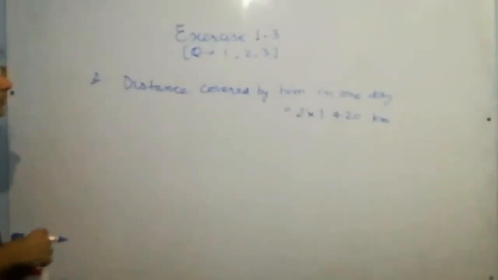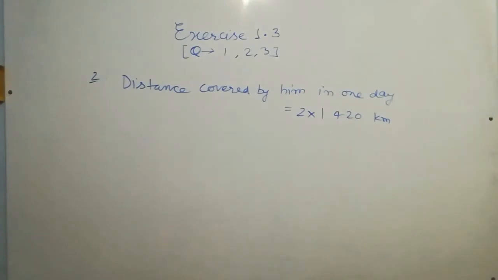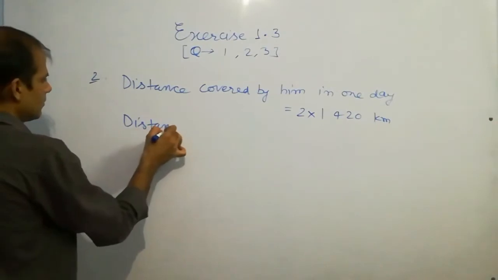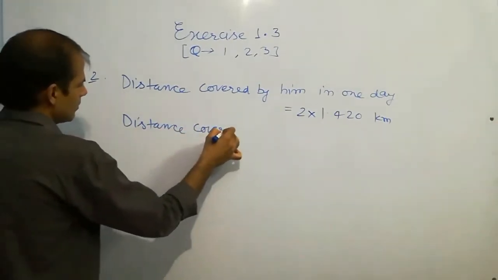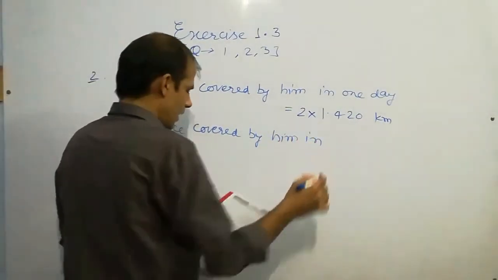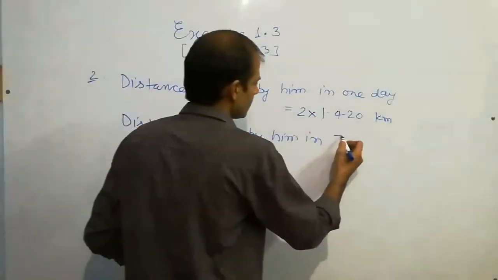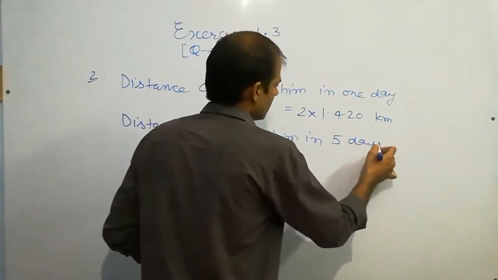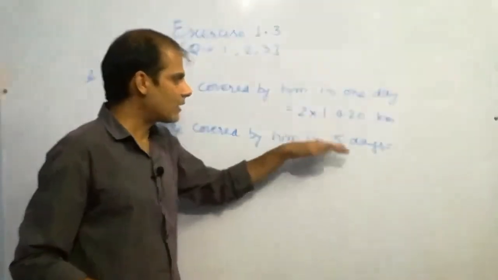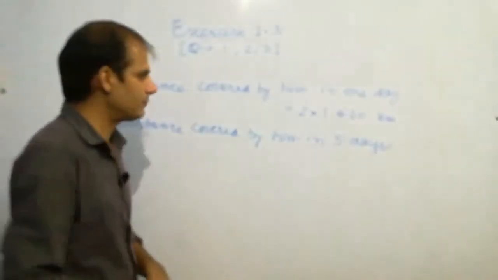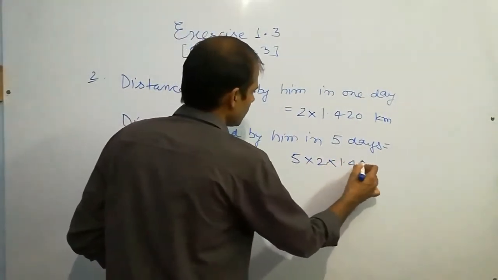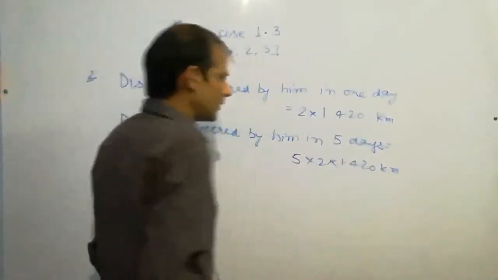So it is the distance covered by him in 1 day, and distance covered by him in 5 days. Now this is the distance in 1 day, then you just multiply by 5. Get the answer. 5 into 2 into 1.420 kilometer.